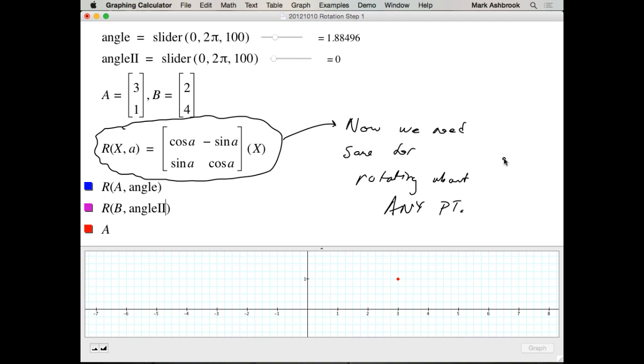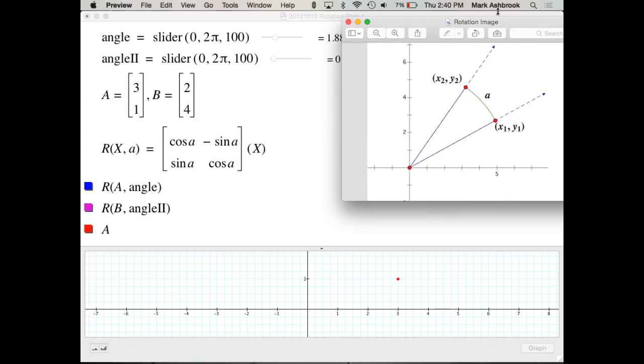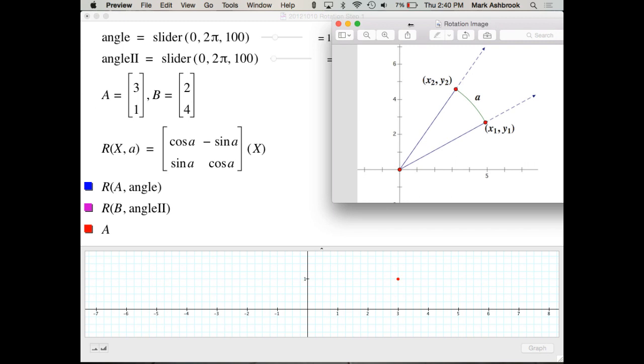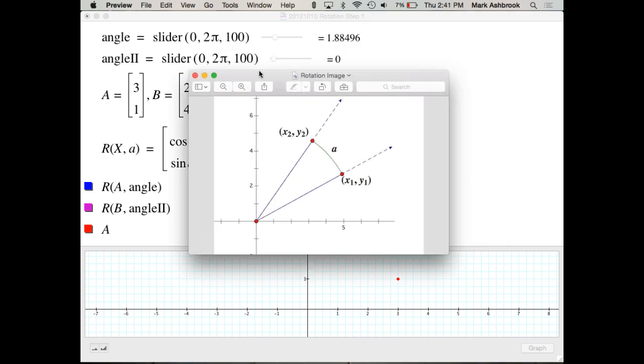So that's your goal for the weekend. Can you do the mathematics for rotating around any point? So we're going to start afresh, right? We start afresh with a diagram like this that starts from any point. Call it XC, YC.